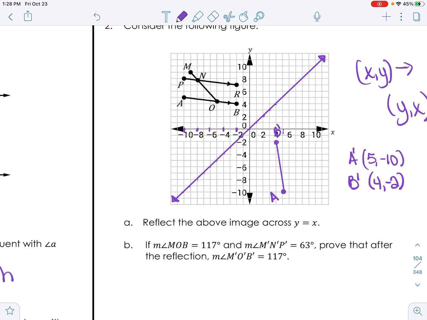All right, I'm going to draw my segment between the two. Okay, and let's see. Oh, I didn't have O in there. O is at negative 5, and a little bit higher than 4.